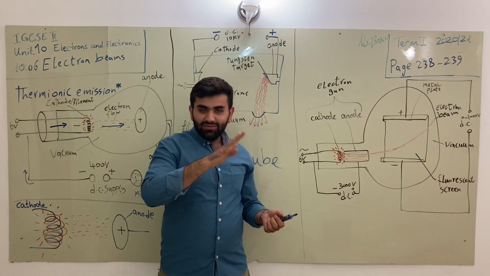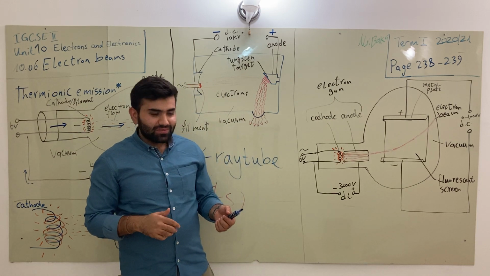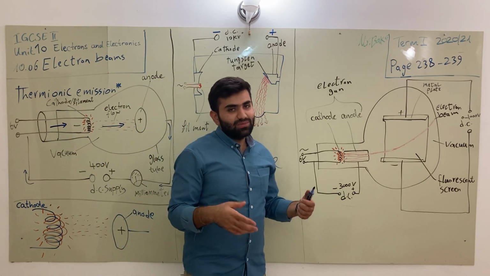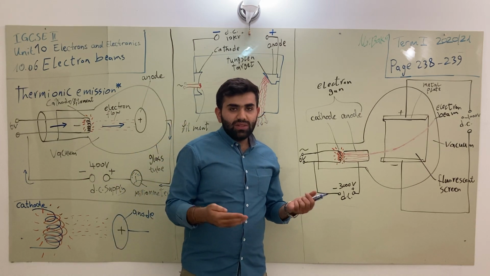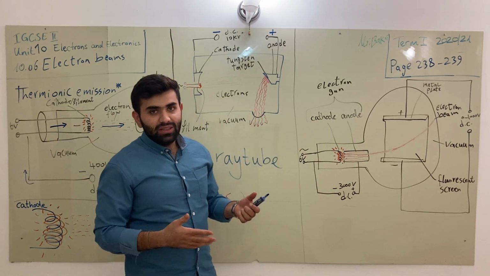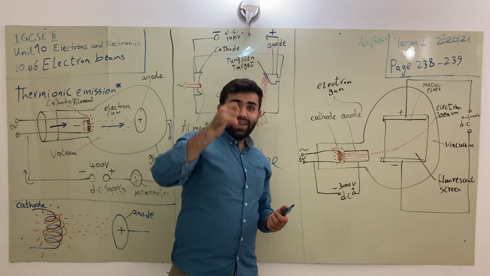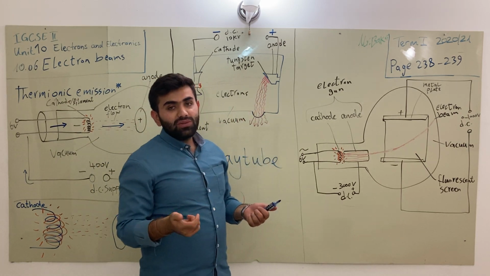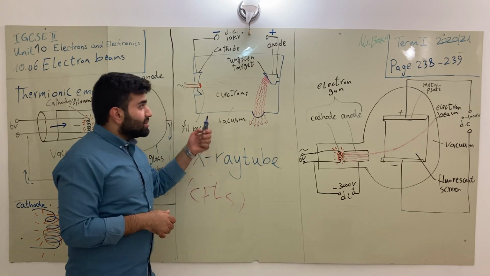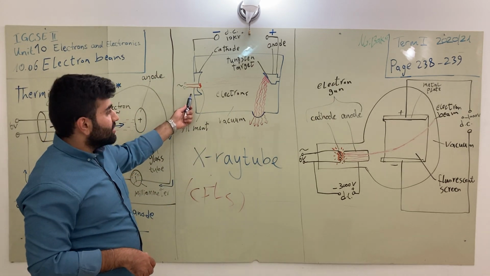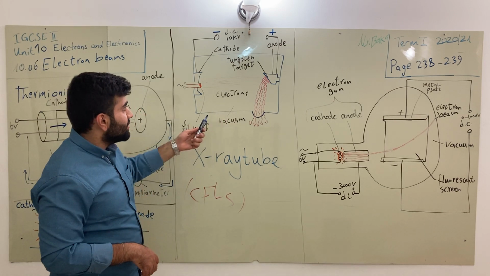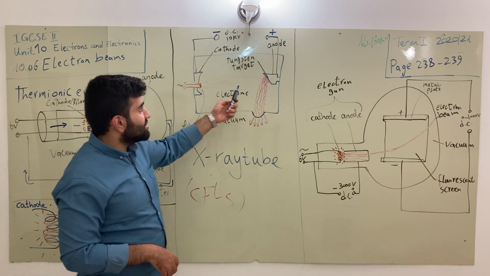Now they print it on normal paper from a computer, but the old one was on film, so you could hold it to the light and see if you have a broken bone. How does it work? It works exactly the same way. We have a filament, a vacuum, the cathode and the anode.